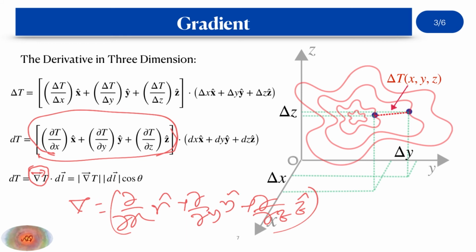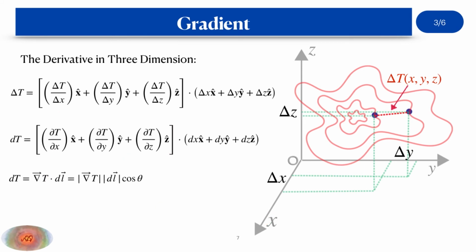But here I have placed it, because when you are operating this symbol over this scalar function, the result, the gradient, becomes a vector. As you can see over here, the gradient of T represents a vector. So although it is not the usual notation, I have done it in order to make you understand that the gradient results in a vector field out of a scalar field.